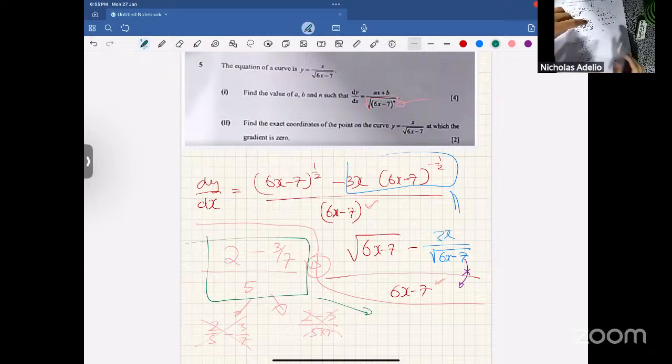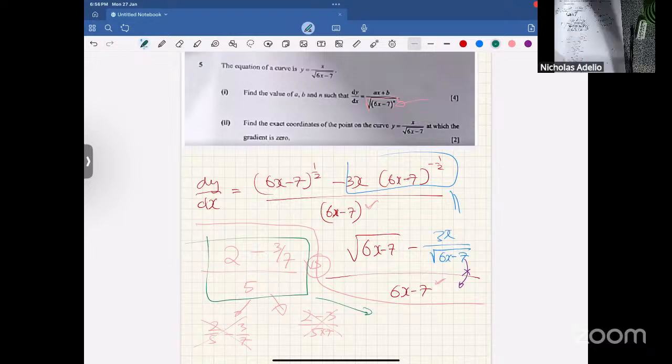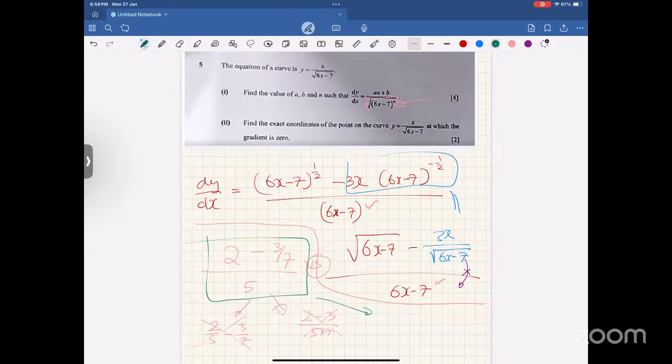That would be, yeah, that's definitely correct. It looks great. Oh, you got it. You got it. And you are correct. You have the answer key.